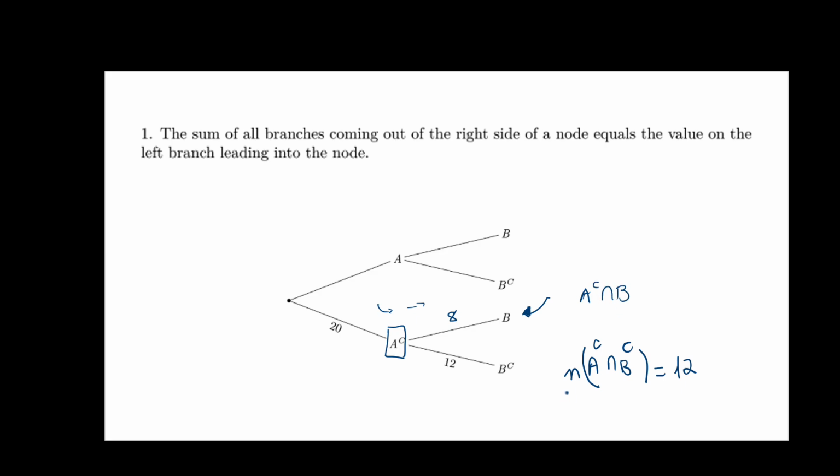This is A complement intersect B, because if you think about the sequence of decisions, I decided not to be in A and then to be in B. And actually, I can now know that the number of elements of this set is 8, just by using the tree. Okay? Questions on the first rule? Good? All right.